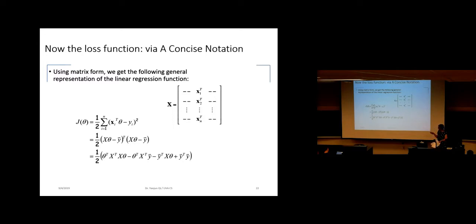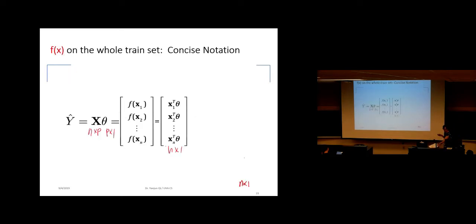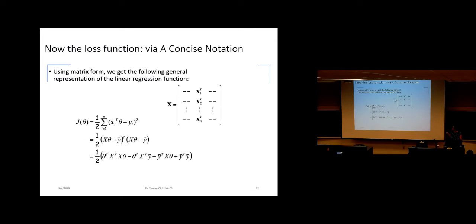It's a little bit tricky how I get from here to here, but actually we're using the same trick we just used. First, I want to show you how I get x theta, how I put the whole training matrix into this form.